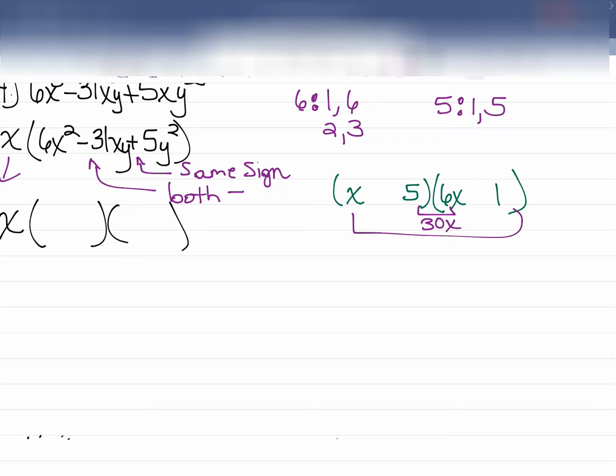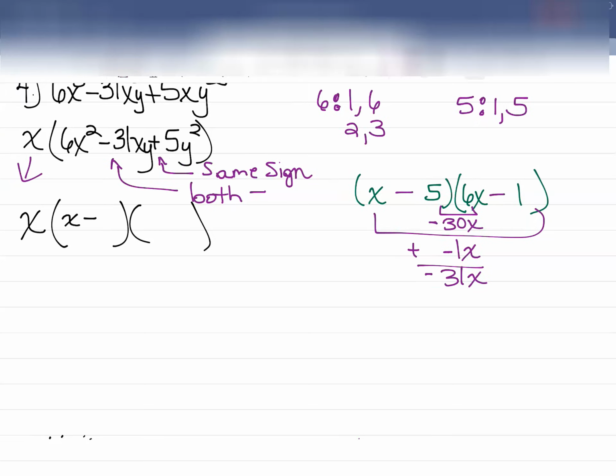X times 1 is 1x, so 30x and 1x. If I add those, I will get my 31. But I need both signs to be a negative, so I just throw negatives in front of them. The more you do these, the better at guessing you get.